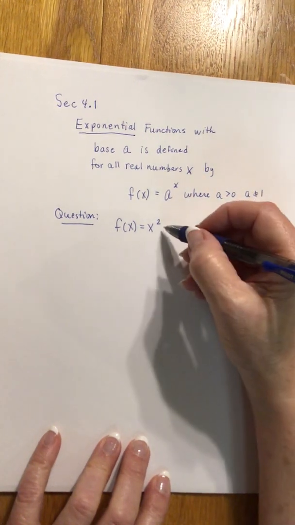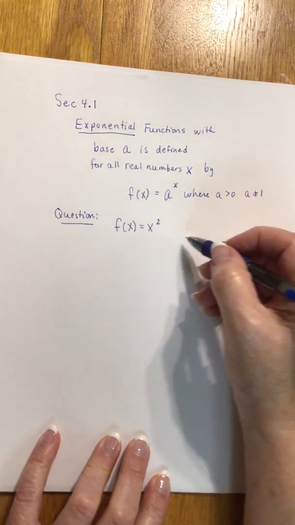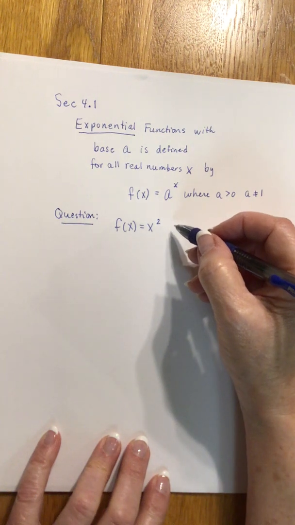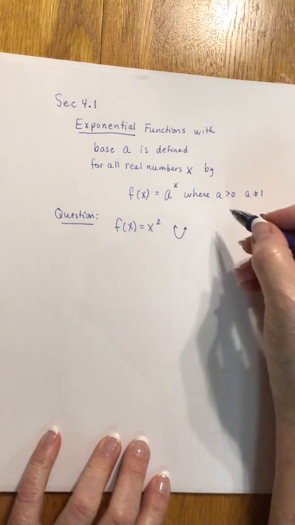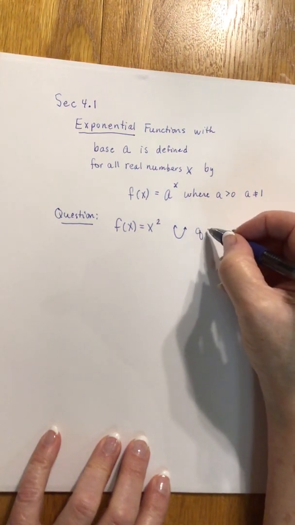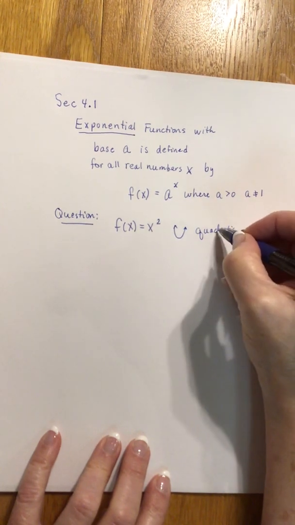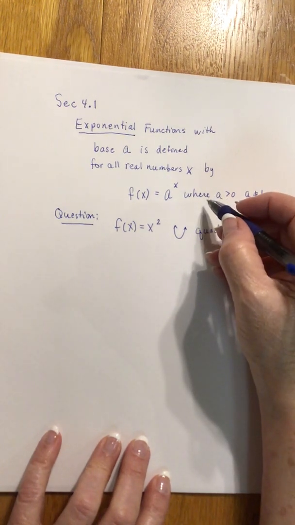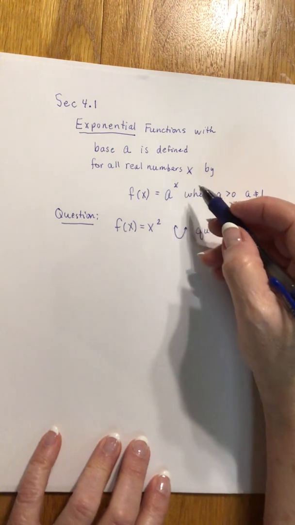Now we know by looking at this that it's not an exponential function because we've already talked about this kind of function. This graphs a parabola. And we said that this was a quadratic, with a squared term. So this is quadratic, whereas this is exponential. So you have to remind yourself the variable has to be in the exponent.